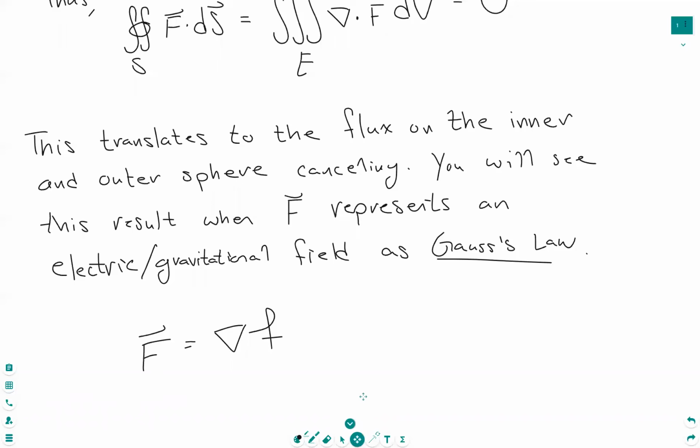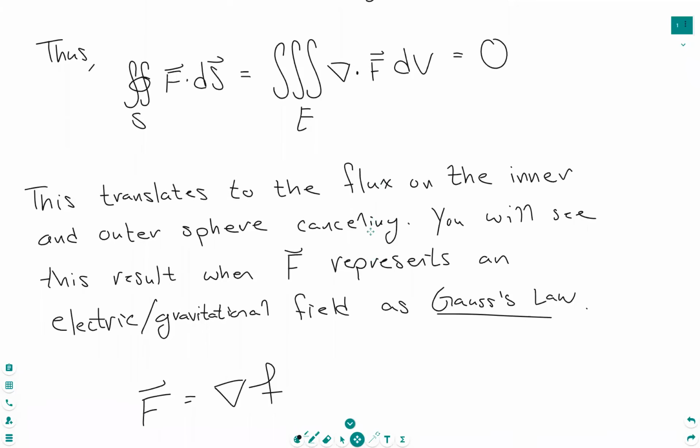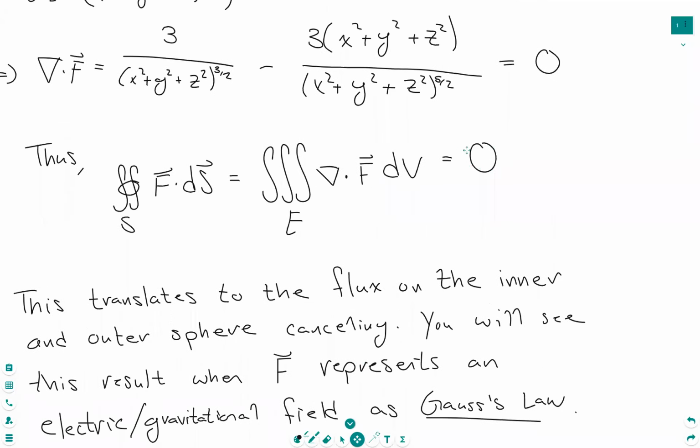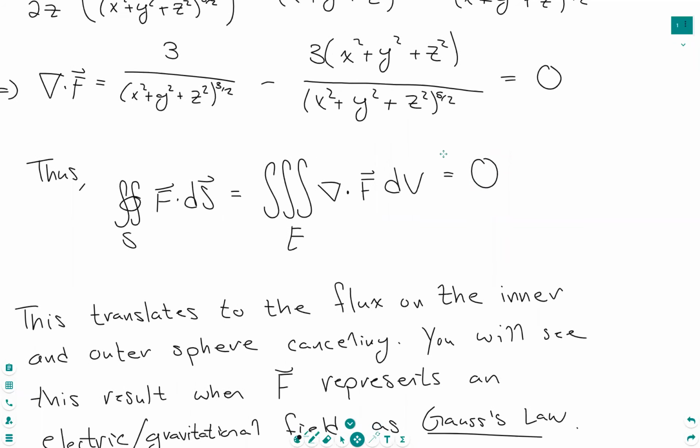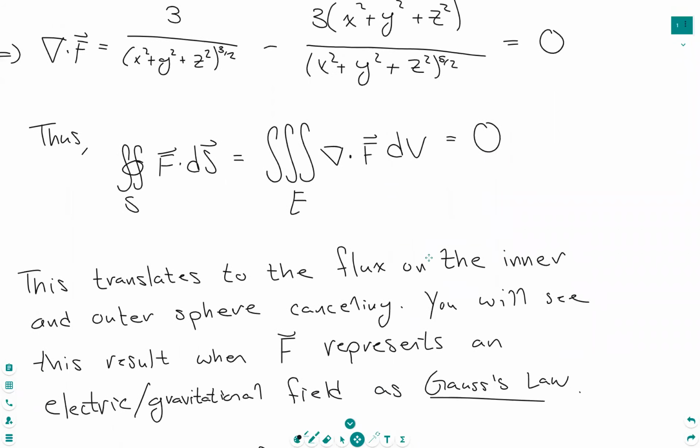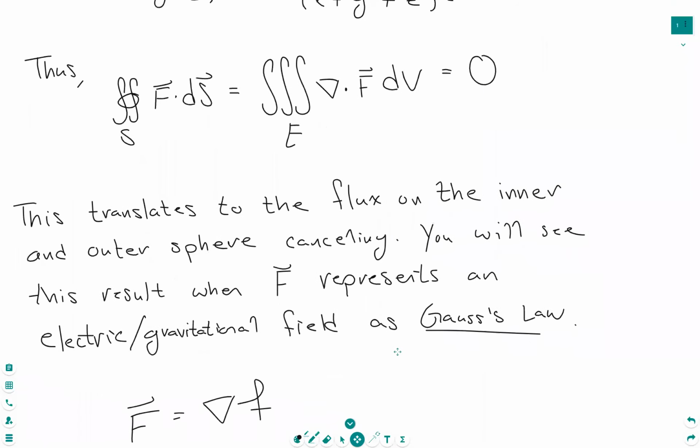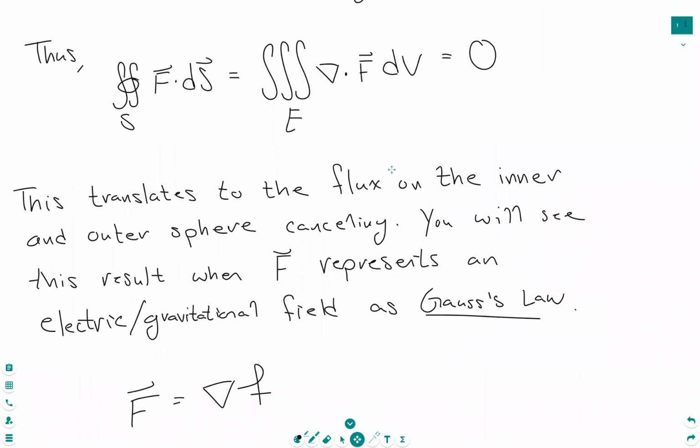So the fact that this was a conservative vector field allowed us to get a 0 here. A conservative vector field, remember, meant that the curl was 0, so there wasn't really any revolution for this vector field.